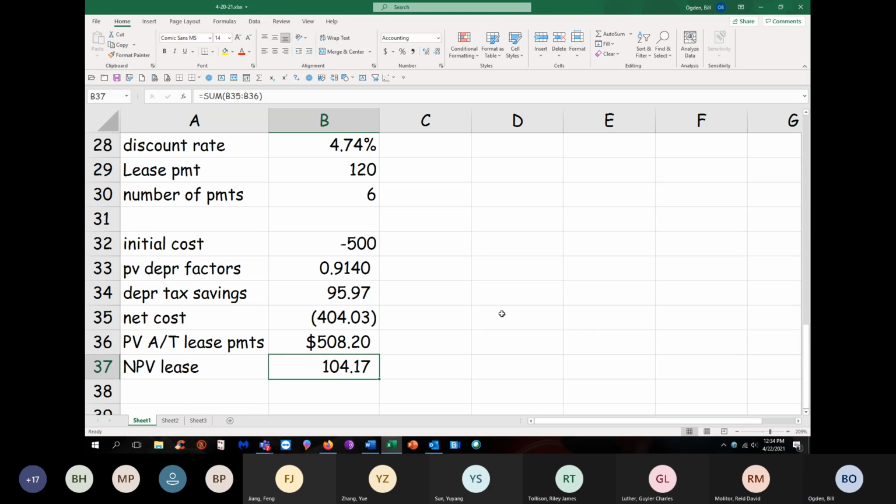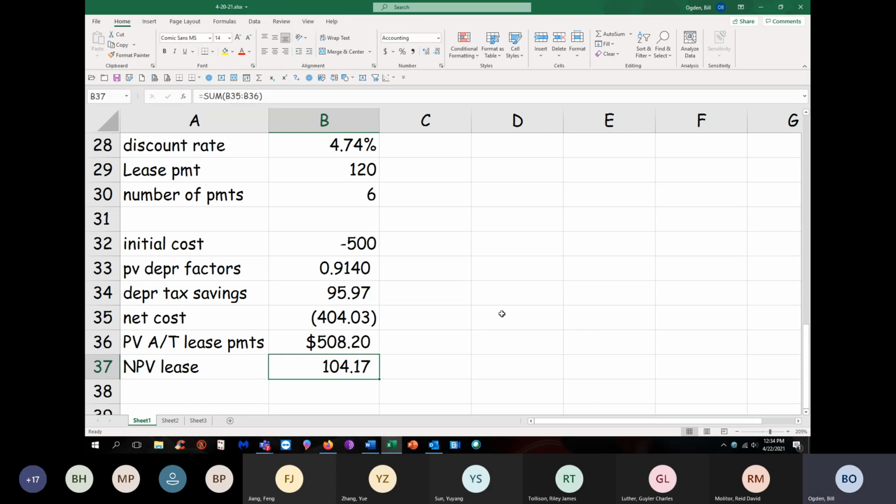Now, a question you can answer relatively quickly, compared to trying to do this with a financial calculator or with pencil and paper, would be: what would the lease payment have to be such that the lease would be mutually beneficial, not just mutually, but equally beneficial to both parties?